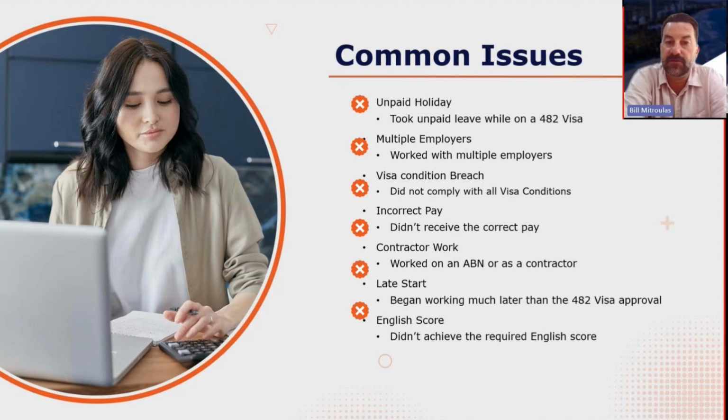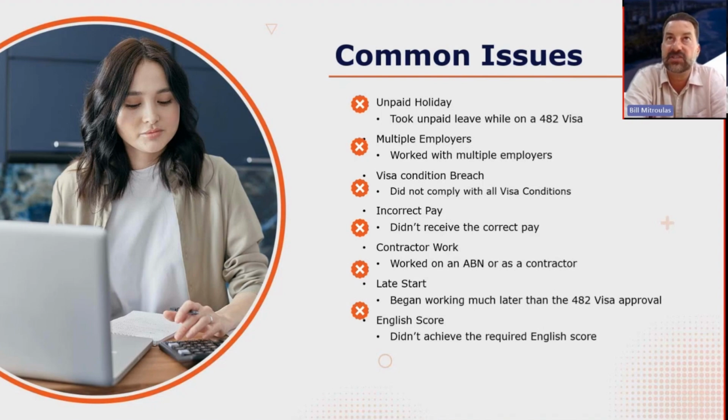Another issue could be if you've got multiple employers. When you're on a TSS or skill in demand visa, you are able to change employers. Mobility has become a big thing with the department, and the arrangements now for sponsored employees are a lot more flexible.